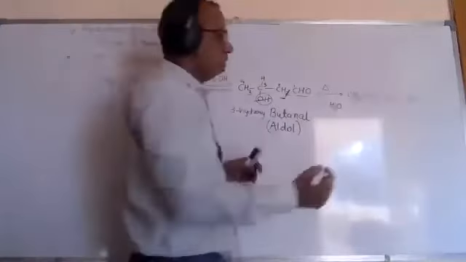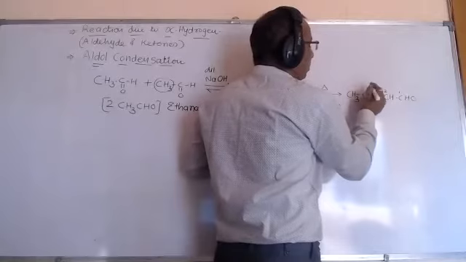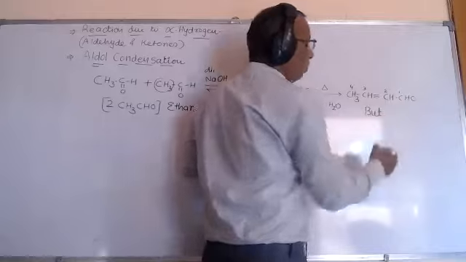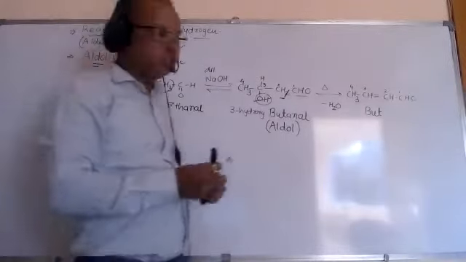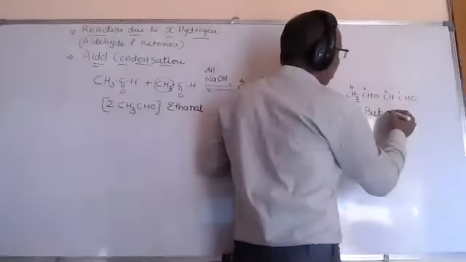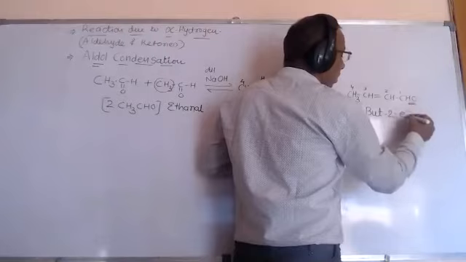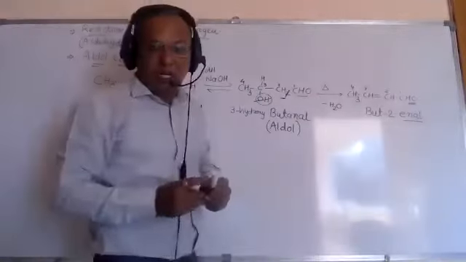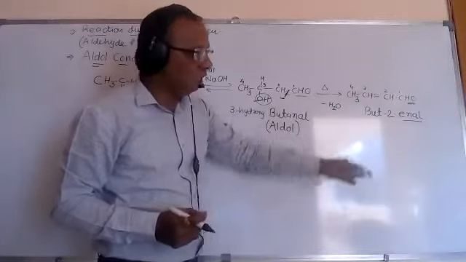Once again, you can see there are total 4 carbons. 4 carbon is butane, but double bond is there. That's why it is but-2-enal.